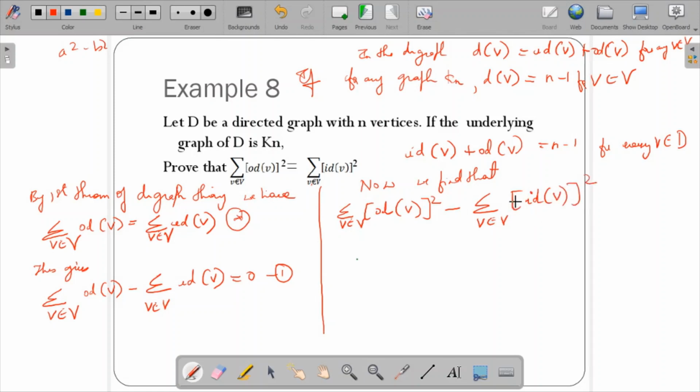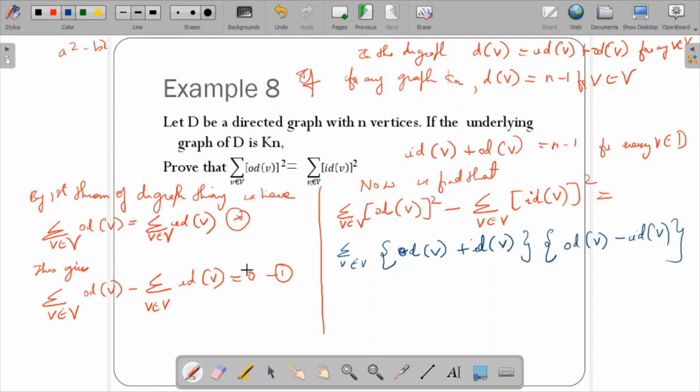Over the entire graph, summation of out degree minus in degree, a square minus b square, which is a plus b into a minus b. So out degree of v plus in degree of v, into out degree of v minus in degree of v.